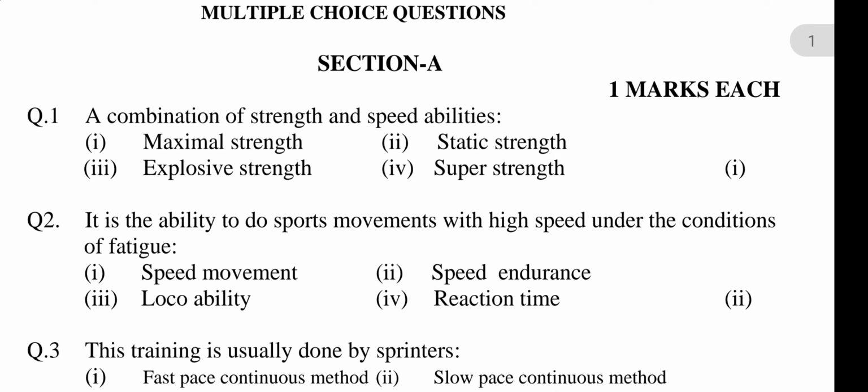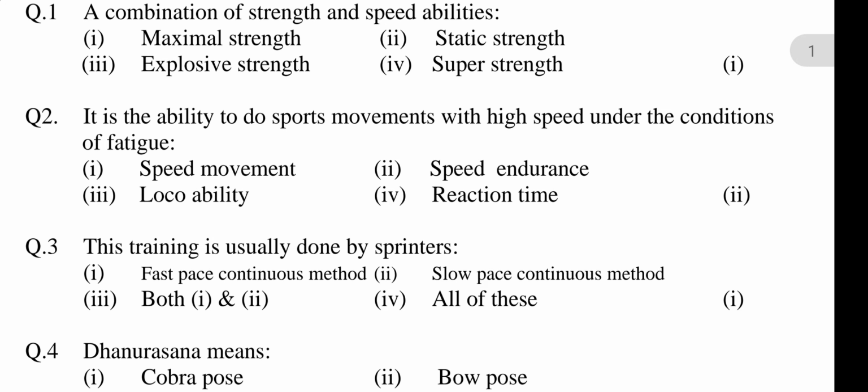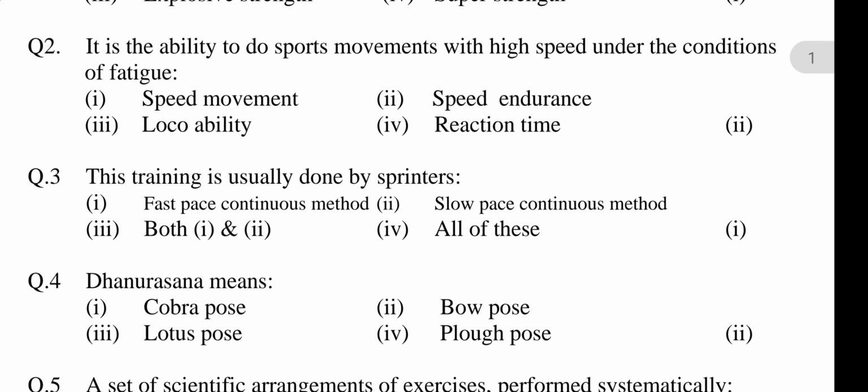Question number 2. It is the ability to do sports movements with high speed under the condition of fatigue. Option first, speed movement. Second, speed endurance. Third, loco ability. Fourth, reaction time. Answer is option second, speed endurance.